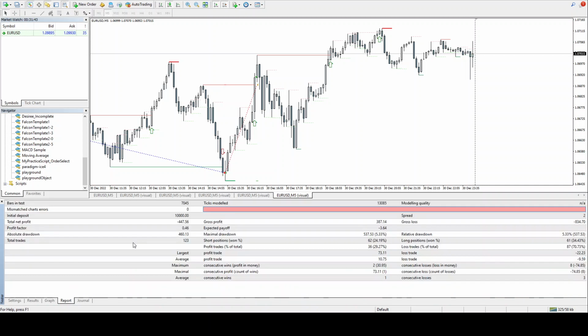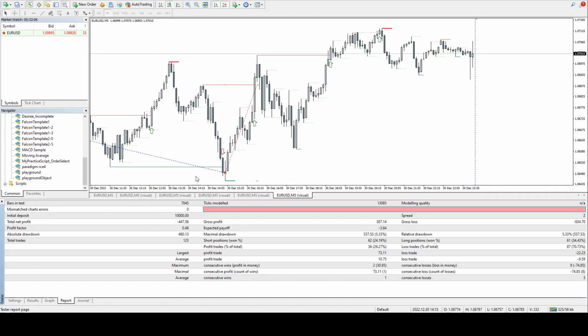Okay, so let's go to the actual report. So we have a 4.47% drawdown. It's not that bad, but it's still not great. And we have an absolute drawdown of 4.6, a net loss of 4.4%, and the percentage of profitable trades is about 29%.